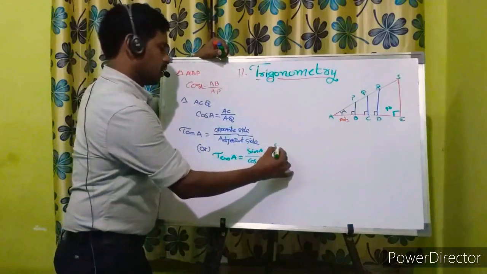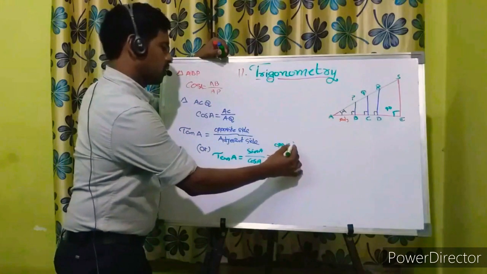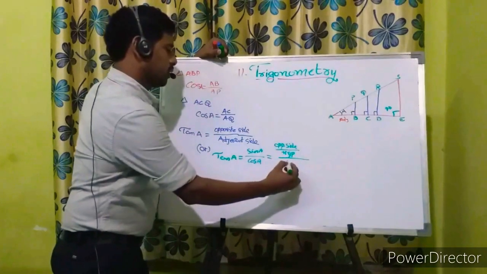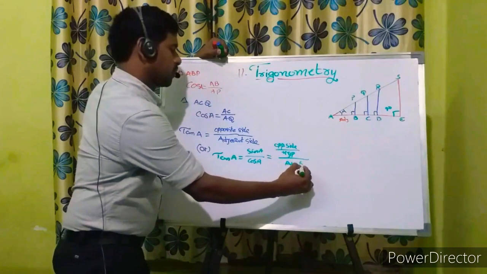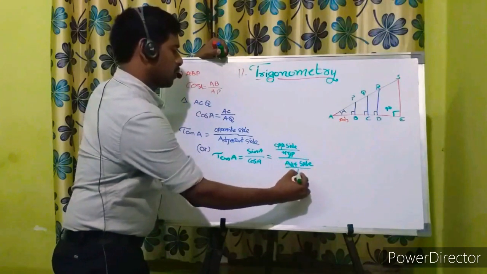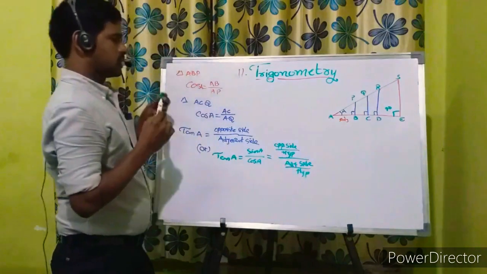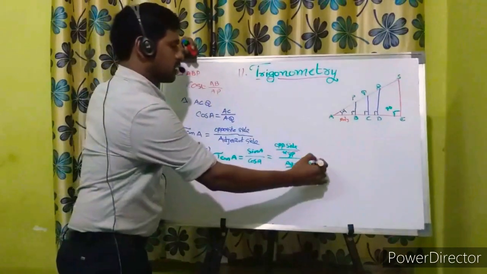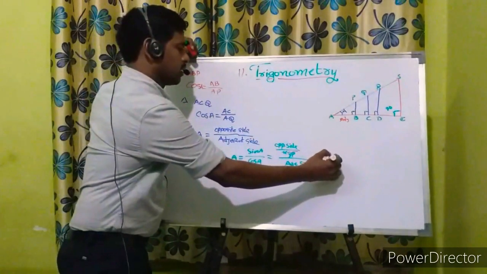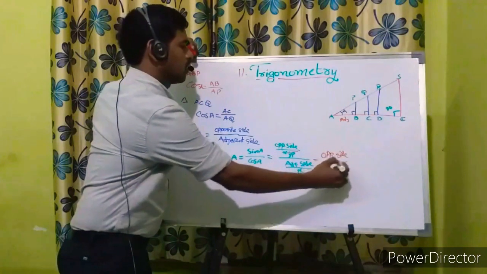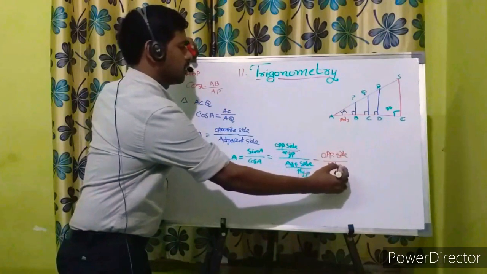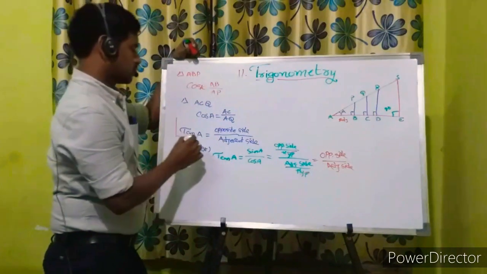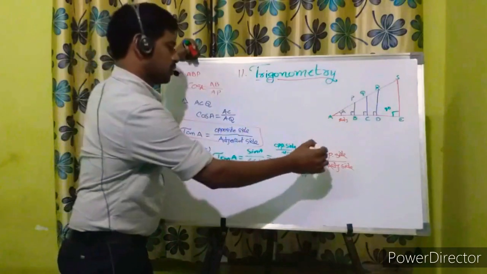Sin A is opposite side by hypotenuse, and cos A is adjacent side by hypotenuse. The hypotenuse in the denominators cancels, remaining opposite side by adjacent side. That is the formula, and we got the same.